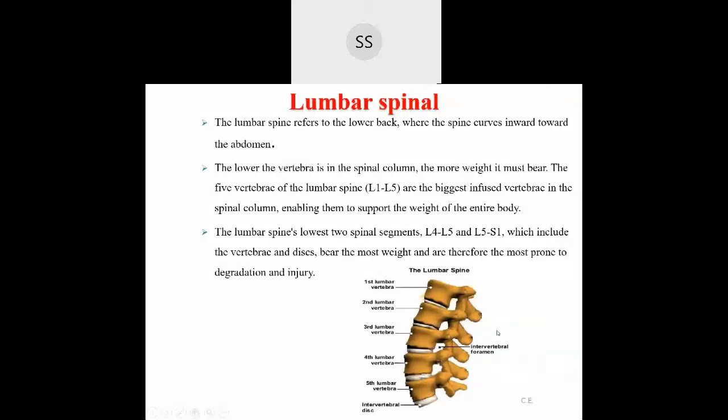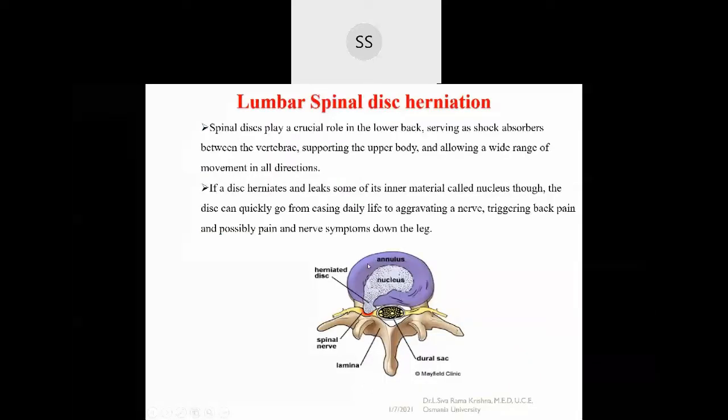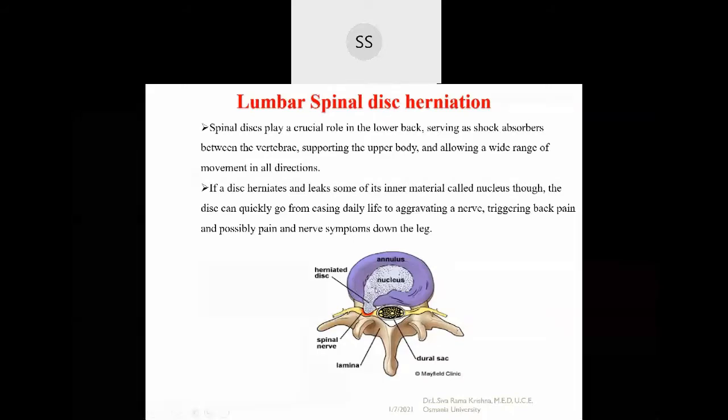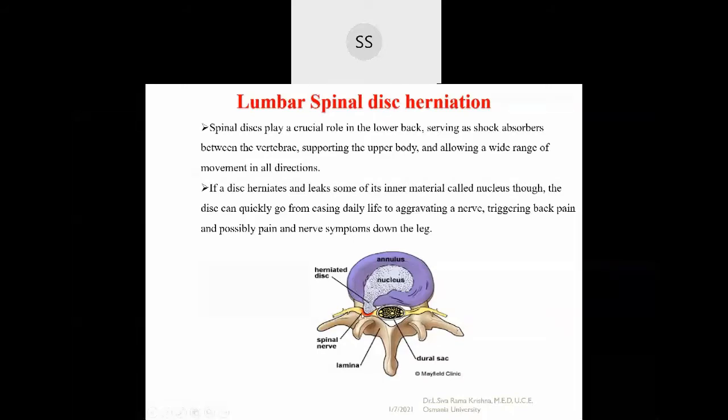After degeneration, what happens I'm going to show you, right? This is how it appears. Inside this you have a nucleus, a gel-like substance, which helps as a lubricant, right? Because of degeneration, this annulus ring gets some cracks. This gel will come out and press the nerve.